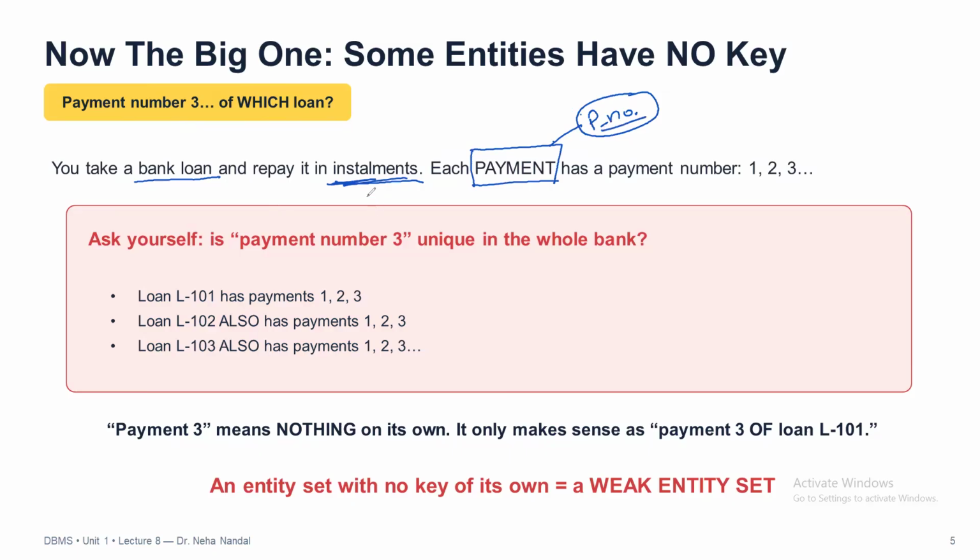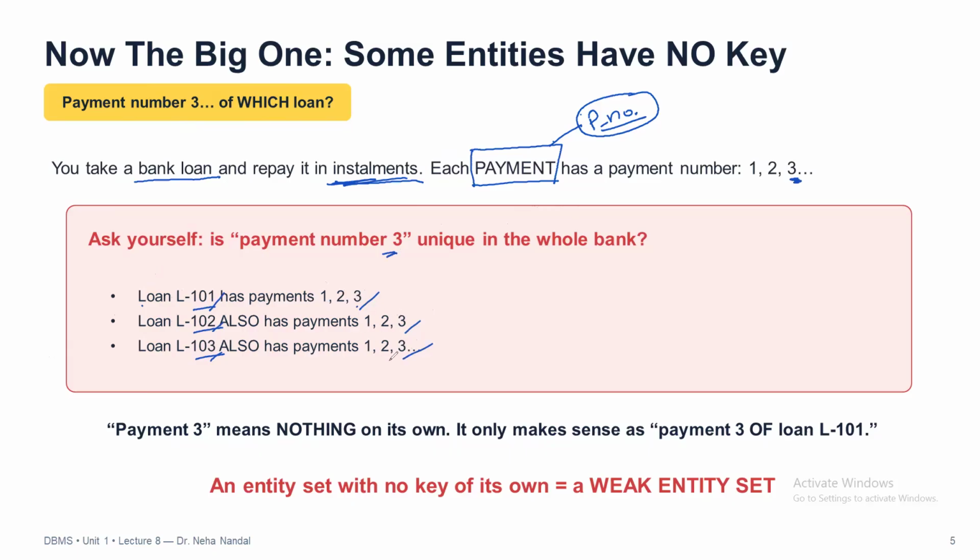So is payment number 3 unique in the whole bank? Think of it. You can ask yourself, is payment number 3 unique in the whole bank? There will be different loans: loan number 101, loan number 102, loan number 103. They all have some payments. 101 also has payment 3, 102 also has payment 3, 103 also has payment 3.